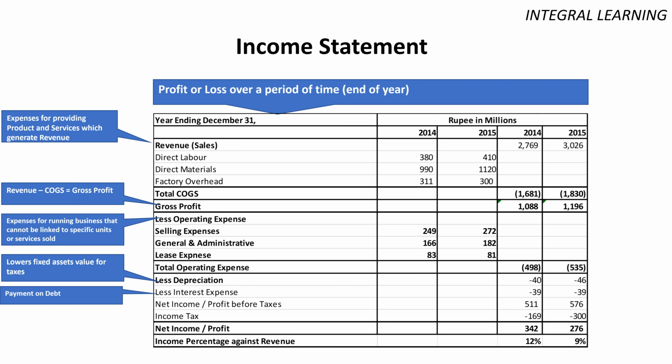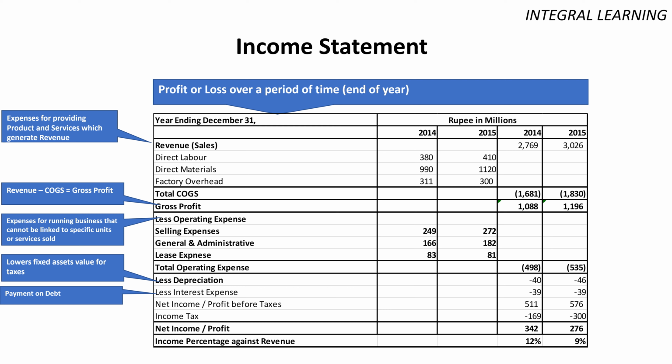Then we will subtract operating expenses, which are selling expenses, general and administrative expenses, and lease expense. General expenses are those used for running the business that cannot be directly linked to specific units of goods or services sold.